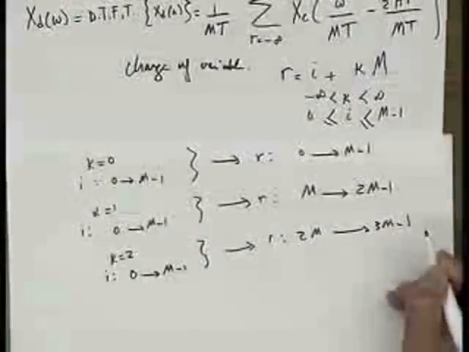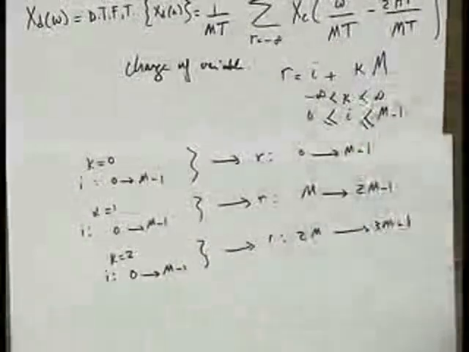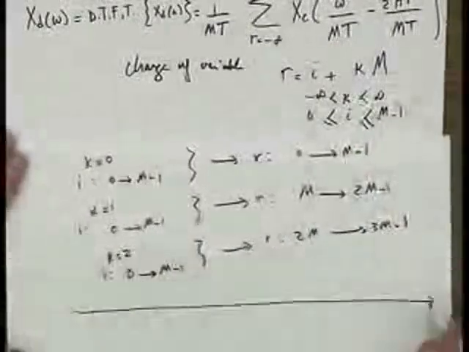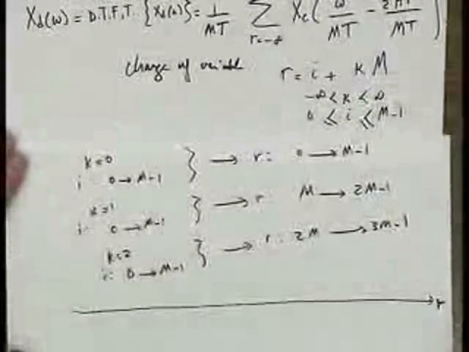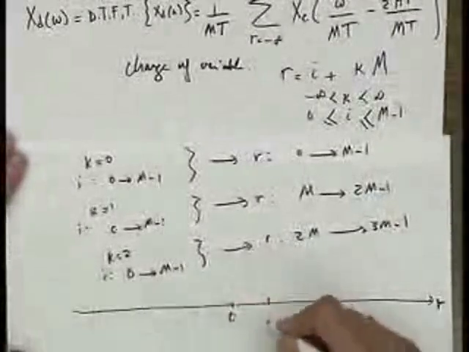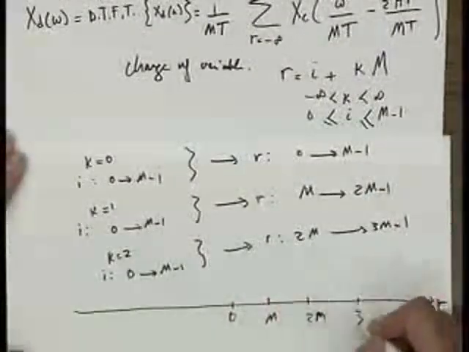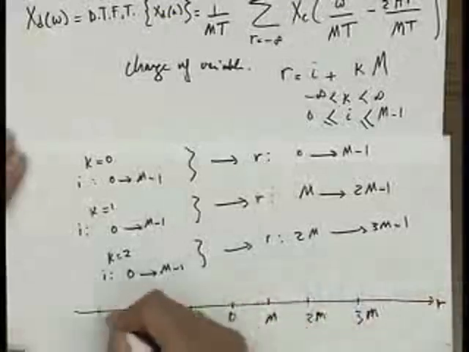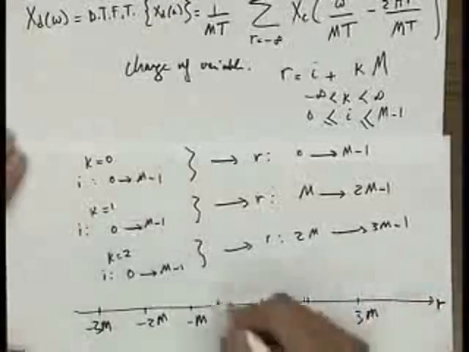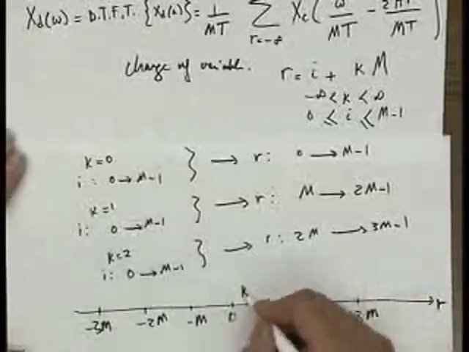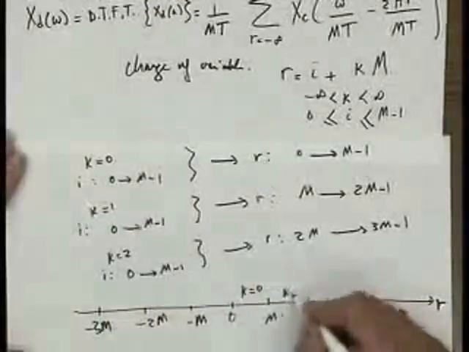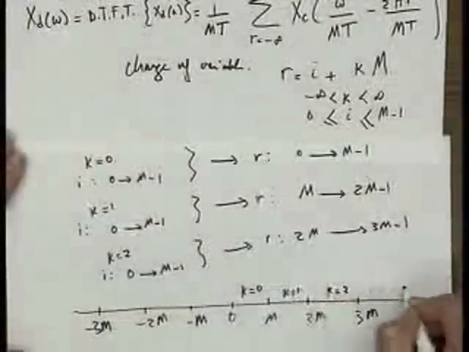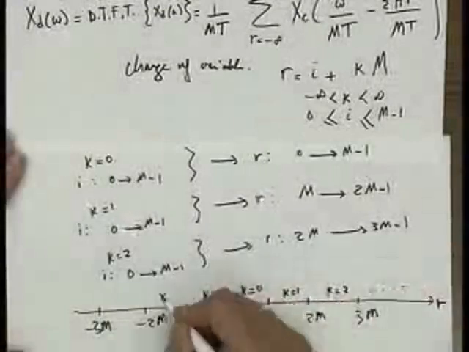So effectively, with this change of variable, if this is the r line, I go from 0 to M to 2M and 3M, and minus M, minus 2M, minus 3M. This range corresponds to k equals 0, this range to k equals 1, k equals 2, and this range to k equals minus 1, k equals minus 2.